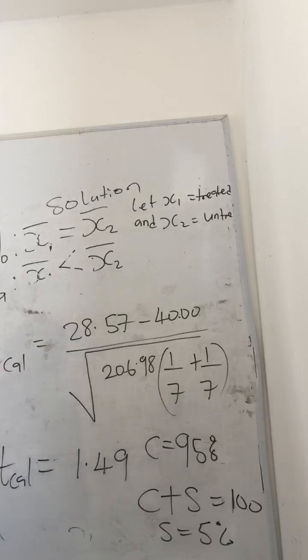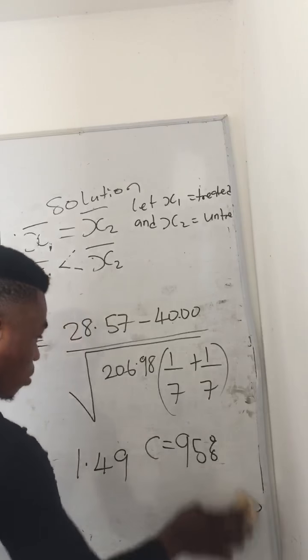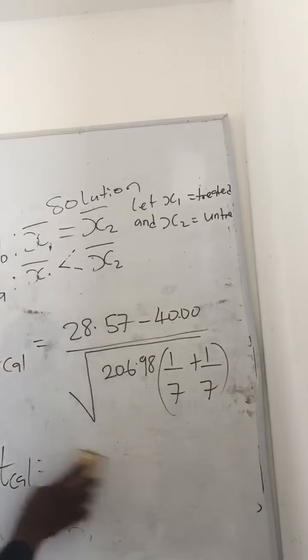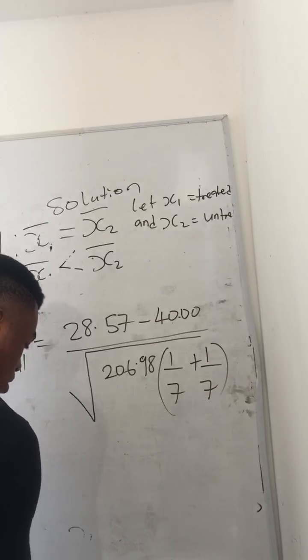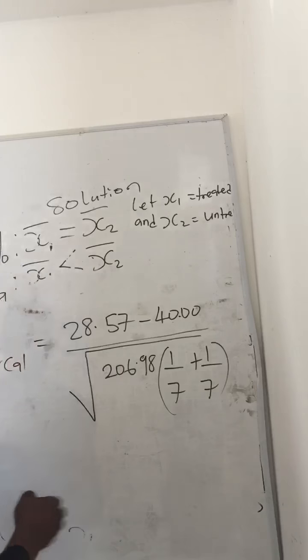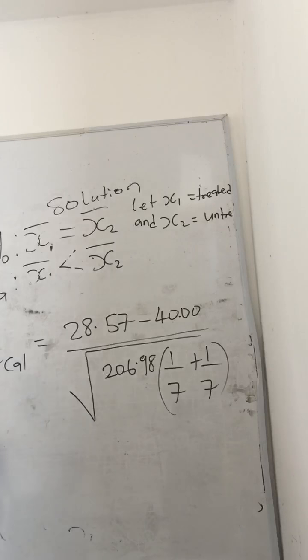Okay, so now after calculating the test value, you can go ahead to our t table. So now I have our test value to be 1.49. T equal to 1.49.